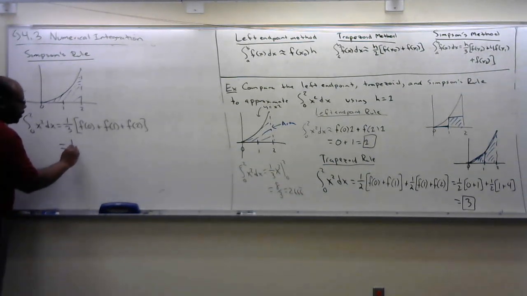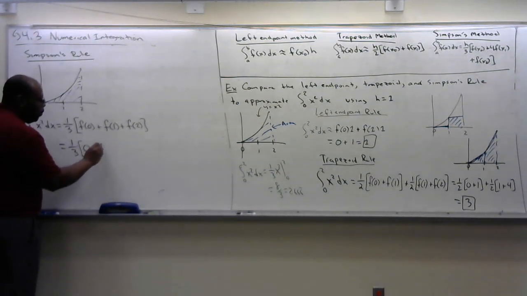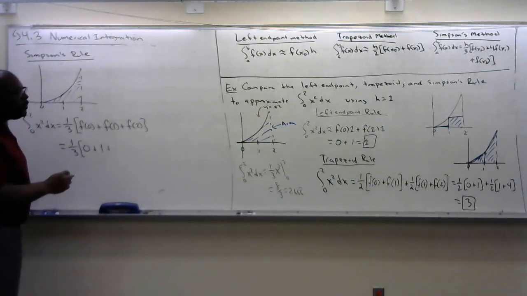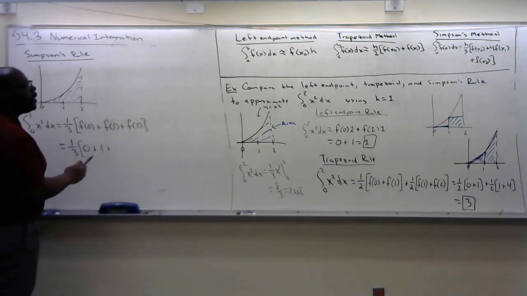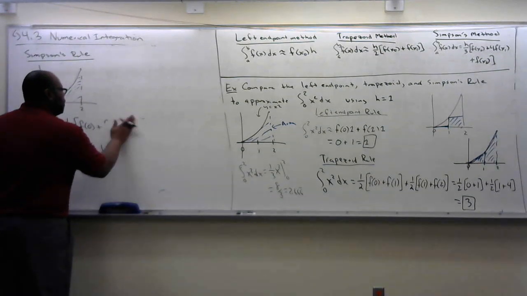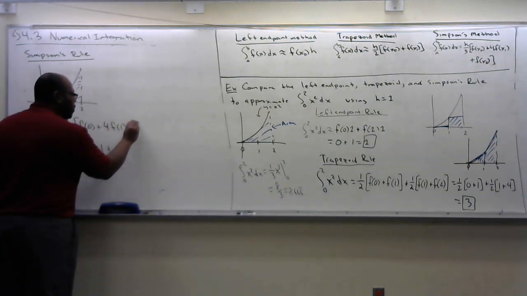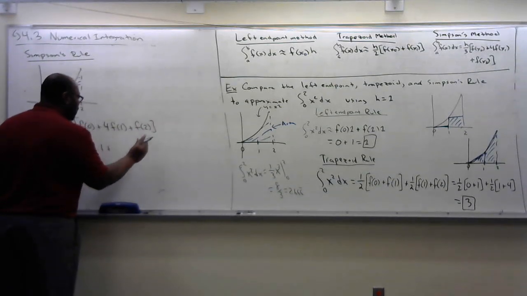So what do we get when we do this? We get 1/3. This is going to be 0 still, plus 1 plus 2 squared. Did I do that right? Oh, this should be a 2 in between, right? There should be a 4 in here. There we go. That makes me happier.